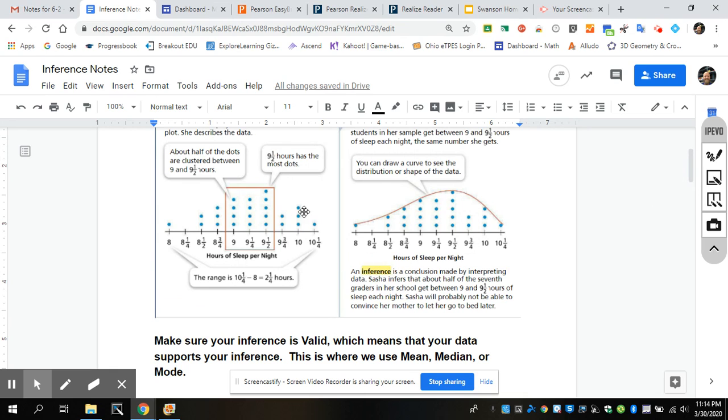Now, a cluster would mean like this. Where is a majority of our data gathered? So we could say, if we're looking at clusters on this first one, it would be between 9 and 9.5. Now, clustering can also be kind of difficult to choose, because you could also say this cluster is from 8.5 to 10, because that's where the majority of the numbers are gathered around.